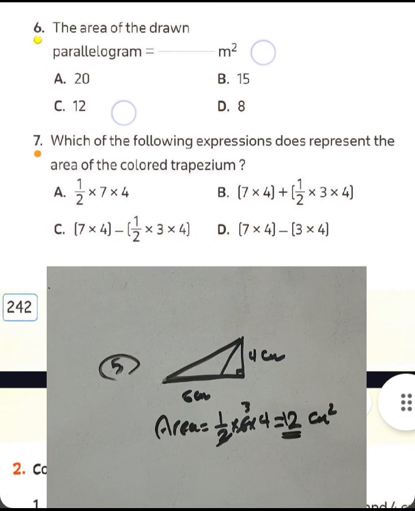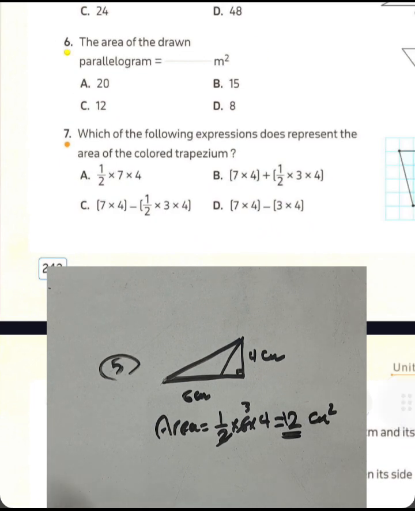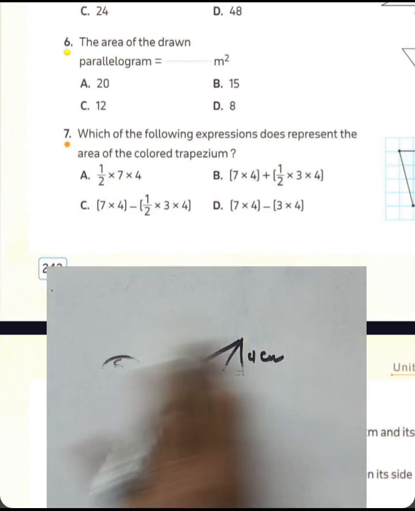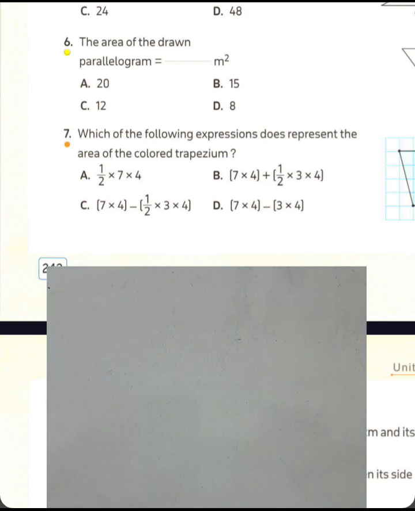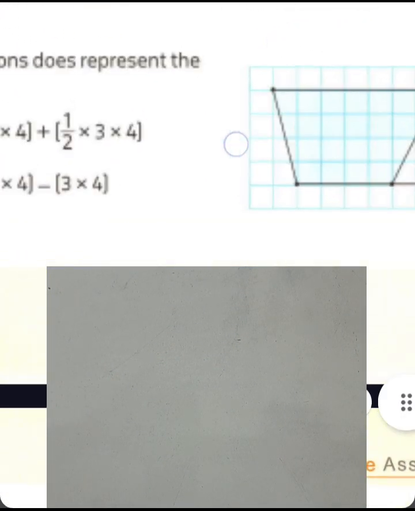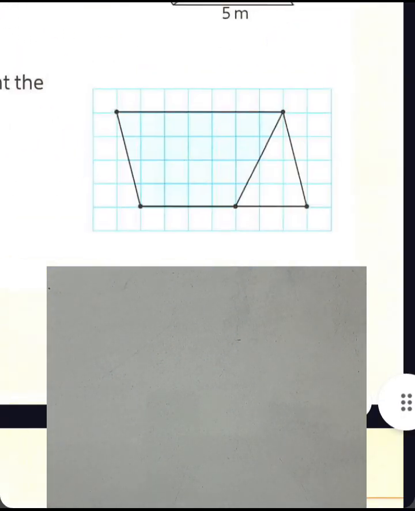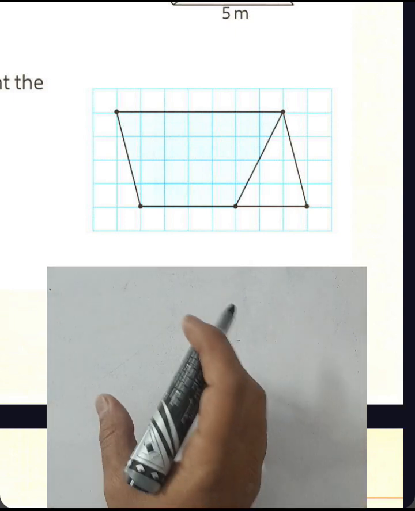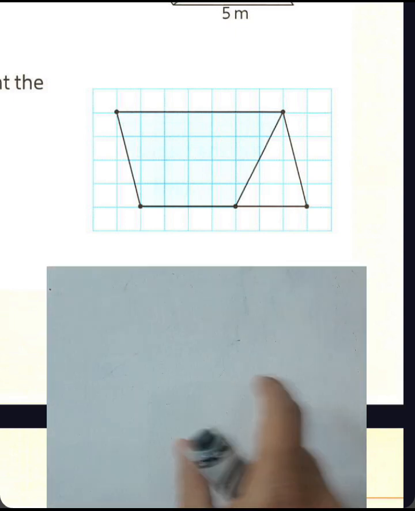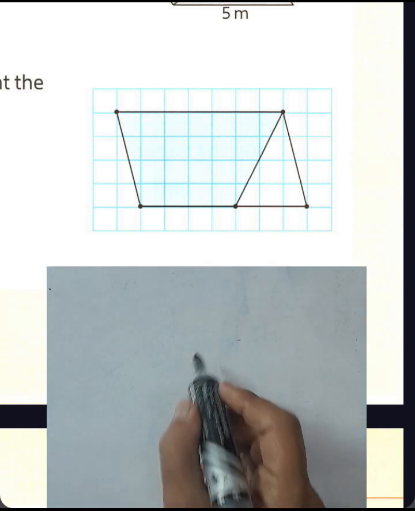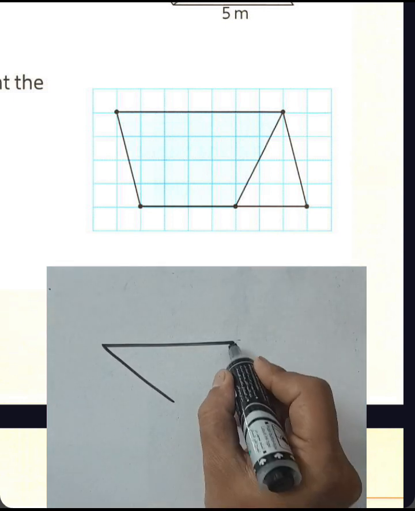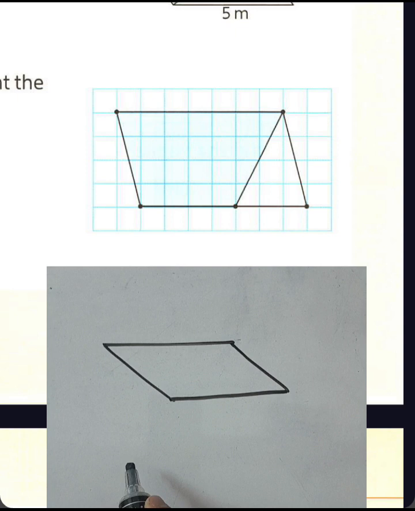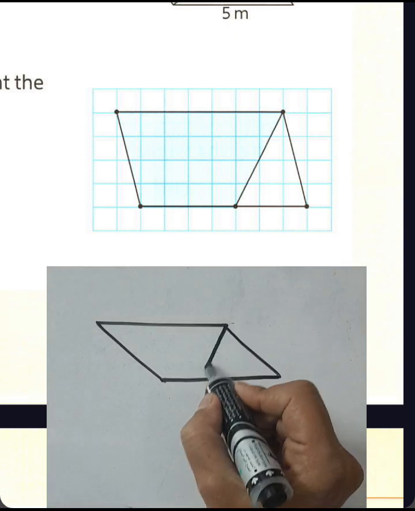Question number 7. Which of the following expressions represents the area of the colored trapezium? Okay, look with me here. We have a rectangle, no, we have a parallelogram, and we can cancel this triangle from the parallelogram to find the area of this trapezium. Okay, my students, look with me here. We have a parallelogram and this triangle.